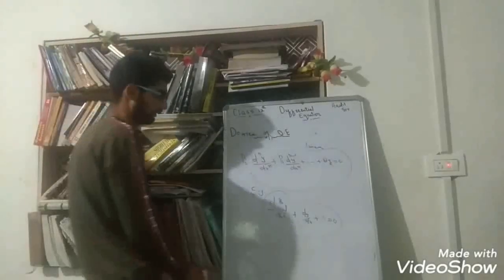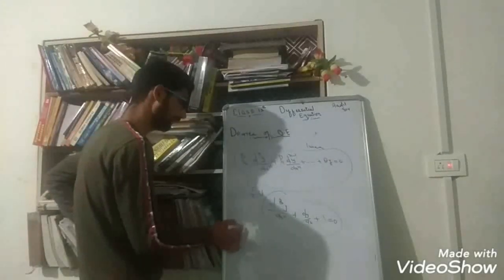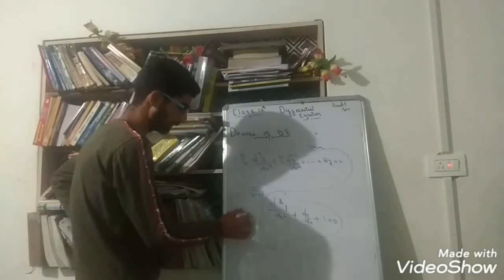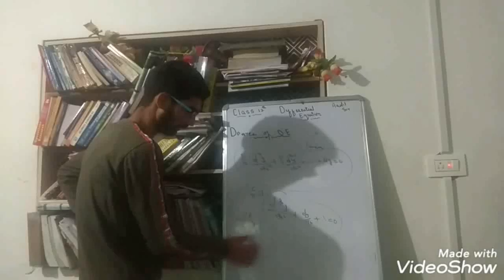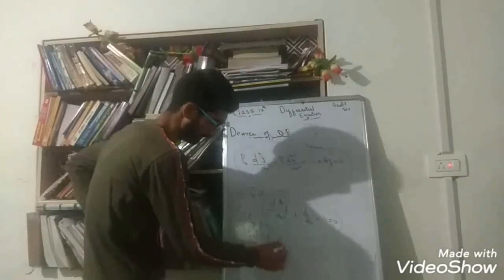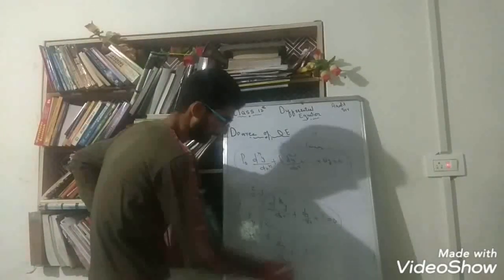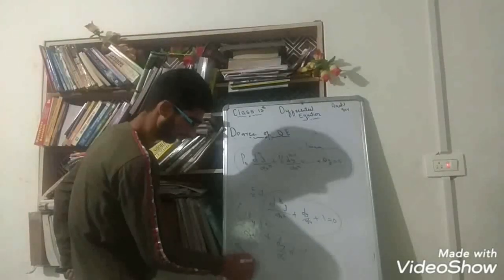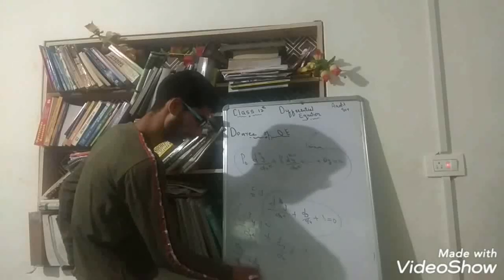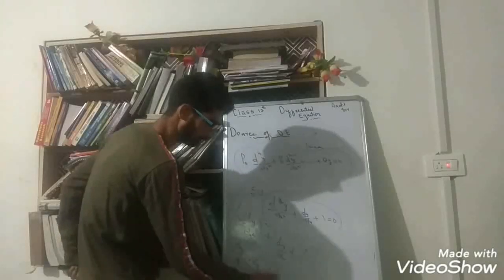Similarly, you can get a non-linear one. You can write: d cube y divided by dx square, the whole square, plus dy by dx plus 1, or dy by dx times dy by dx plus 1 plus x square is equal to 0.